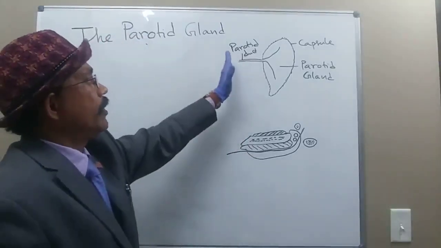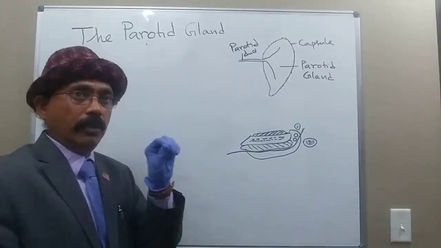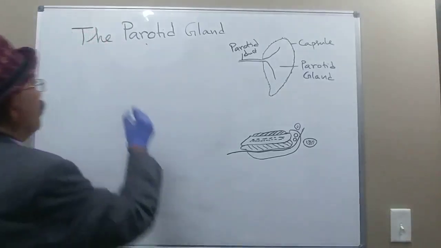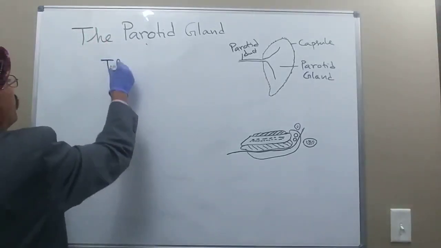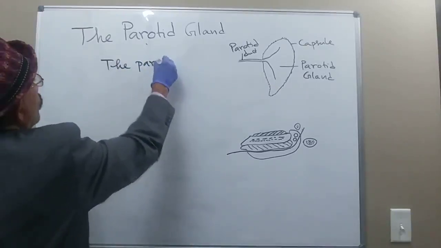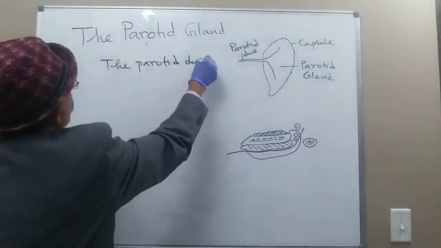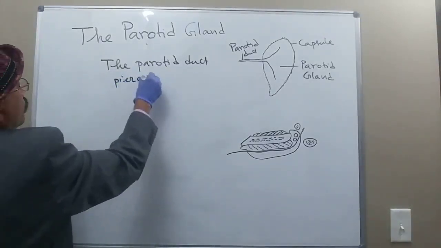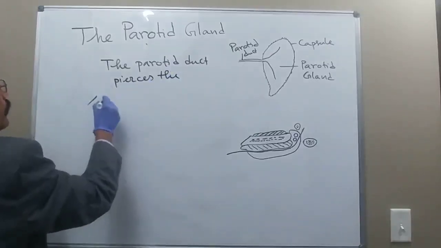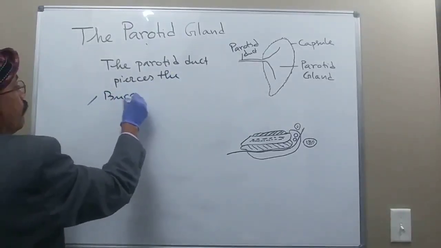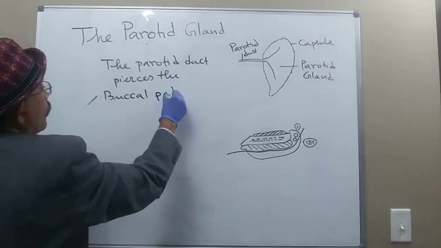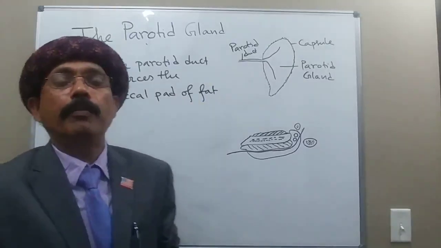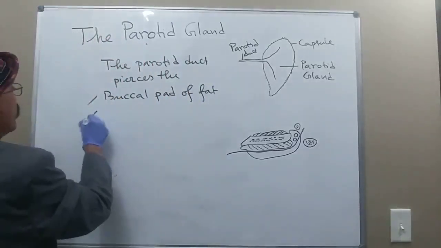At the anterior end of the masseter muscle, it goes medially inside, and it pierces the buccal pad of fat and the buccopharyngeal fascia.